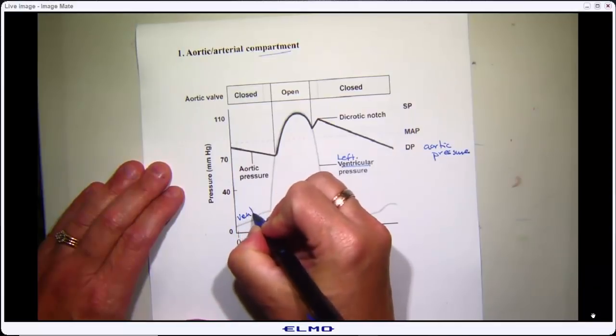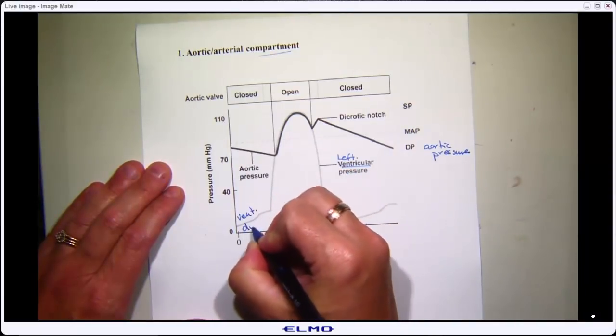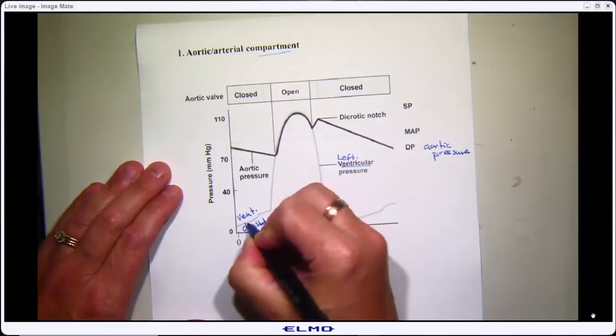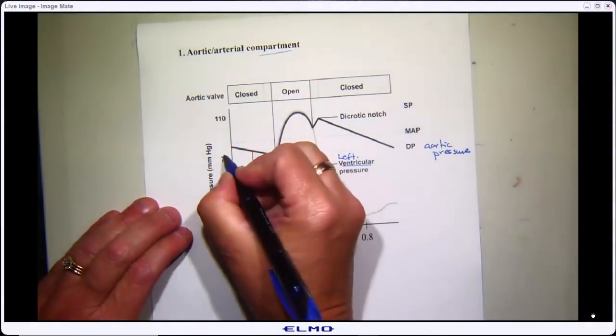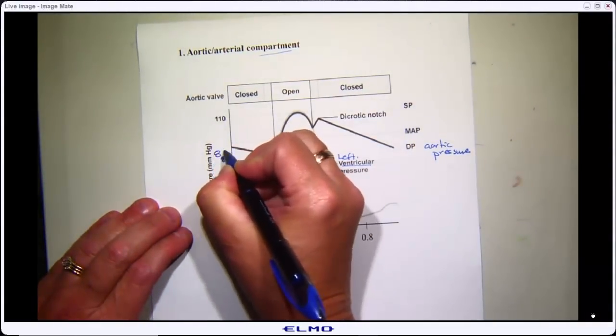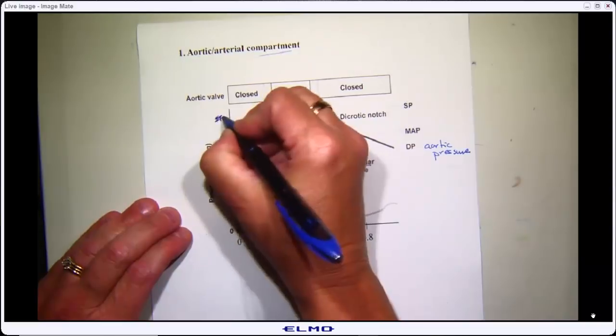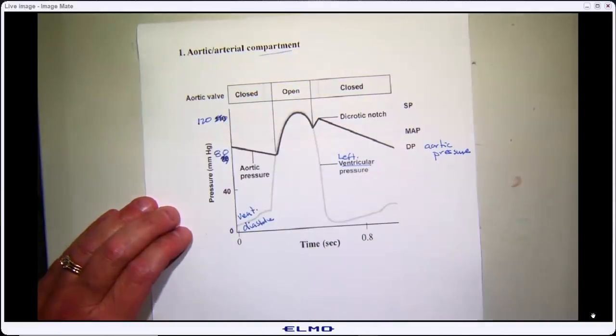Okay, so we're just going to recap here that we had when the ventricle was in diastole, so the heart is not ejecting blood. Actually, let's change these numbers to ones that we've been talking about. Let's change this axis to 80 and 120.